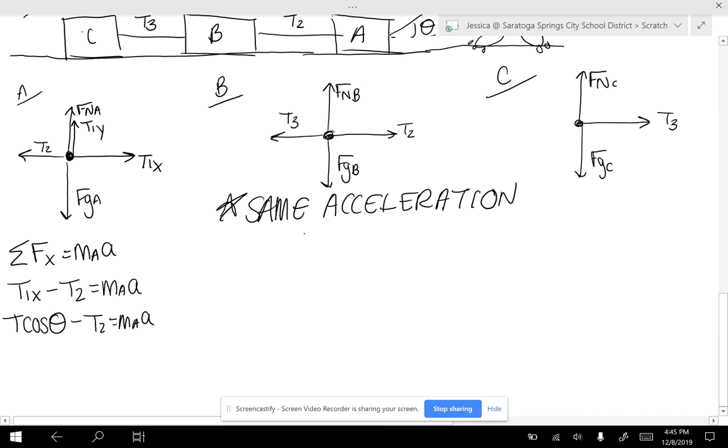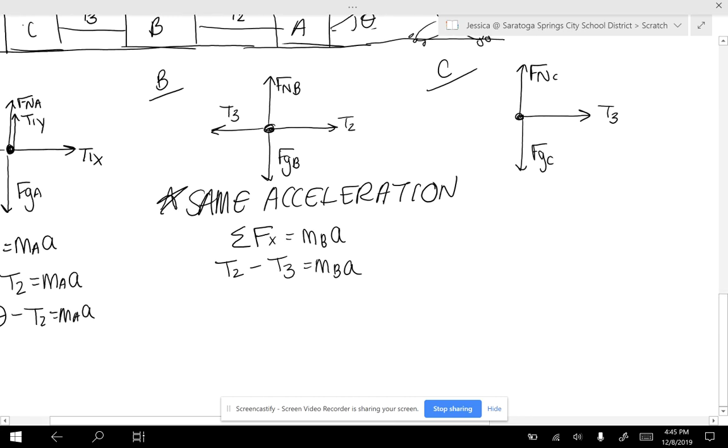Okay, for B, again, just going to look at the x direction. I have T2 minus T3 equals MBA. And then for C, I have the mass of C times that acceleration. It's the same acceleration for every object in the system because everything is connected. So T3 equals mCA.